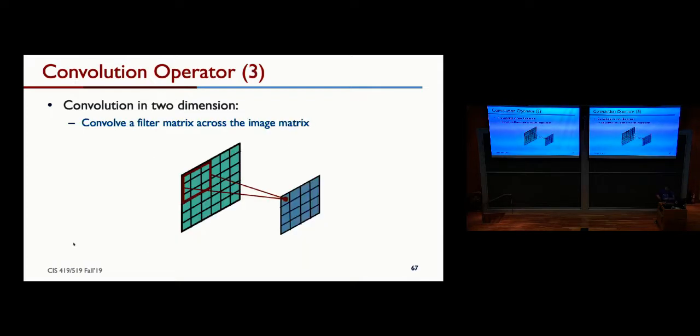So you multiply that 3 cross 3 matrix with the image, and then you sum them up and get this one value. Okay? Then you shift this slightly. You again do this operation, and you get another value. Don't you end up with the same number of features? No, we'll get to it.